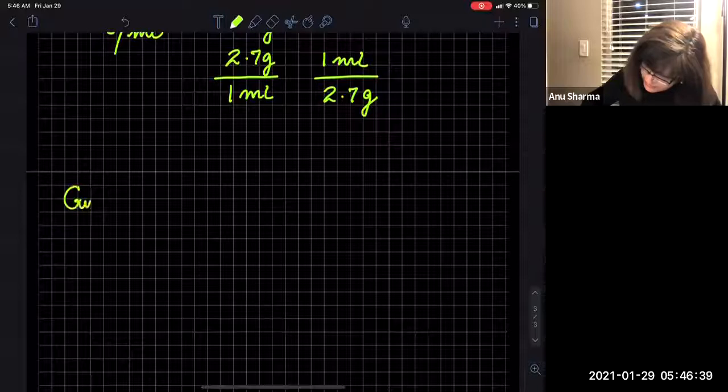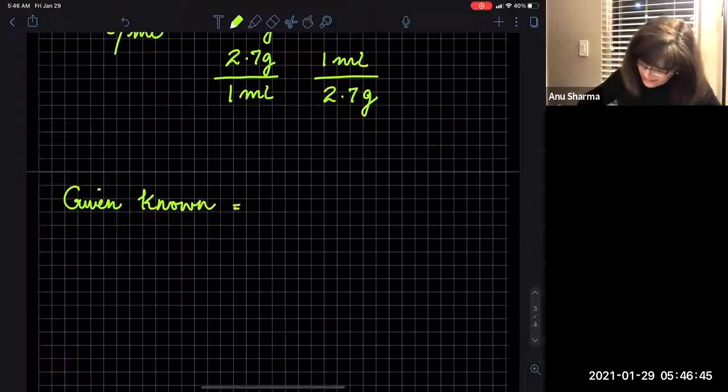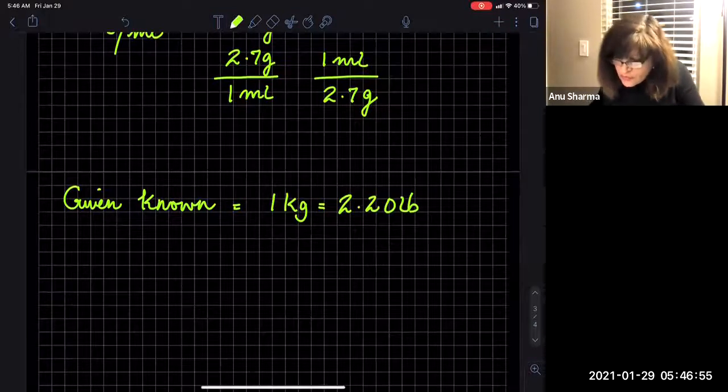This is given to you, or it is known, or it's in the table, and that is 1 kilogram is equal to 2.20 pounds.